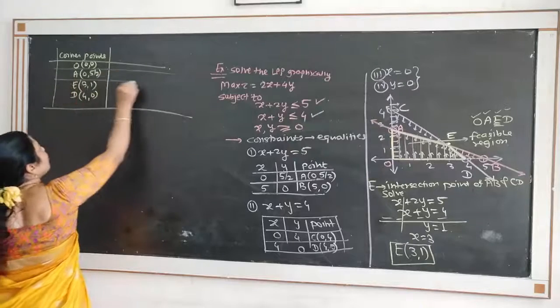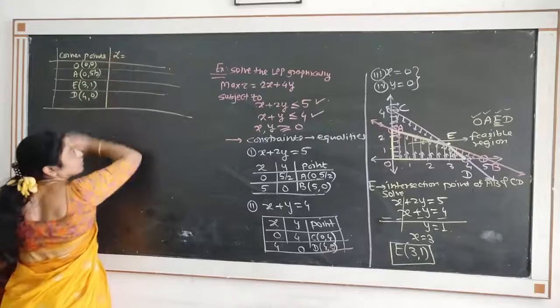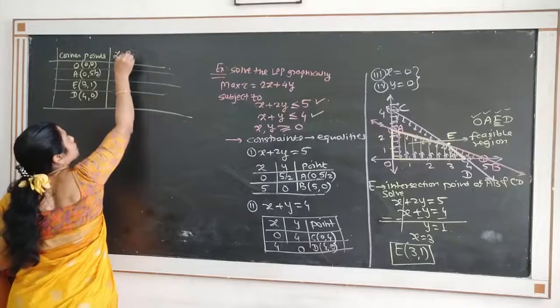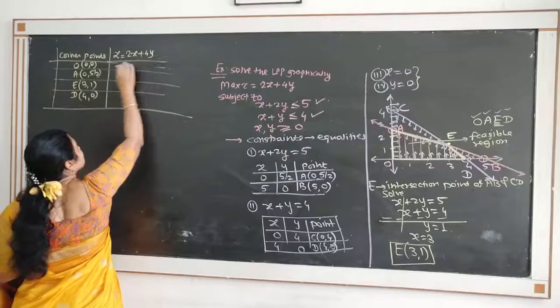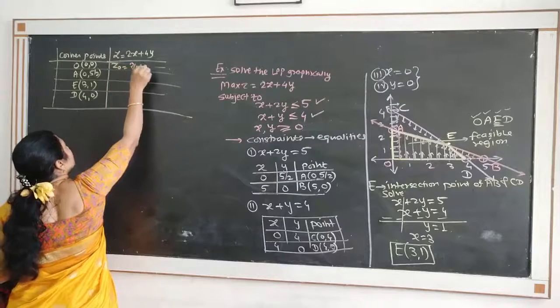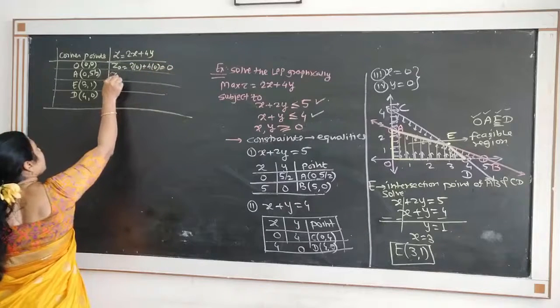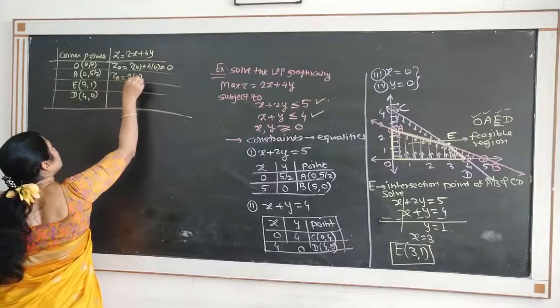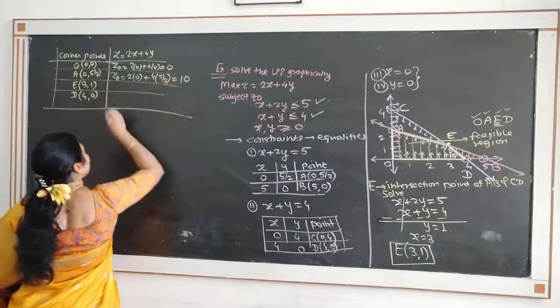And now find the value of Z at these corner points. The objective function Z is 2x plus 4y. So find the value of Z at each point. Z at origin, that is 2 into 0 plus 4 into 0, 0. Z at A point, that is 2 into 0 plus 4 into 5/2 comes to be 10.